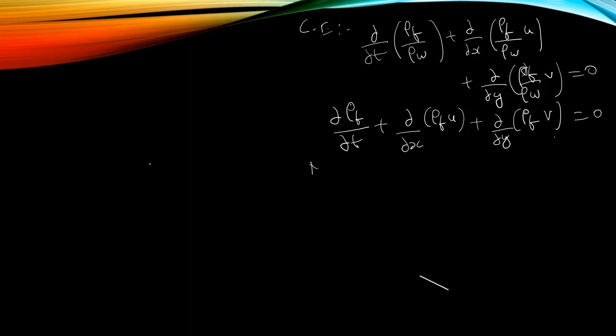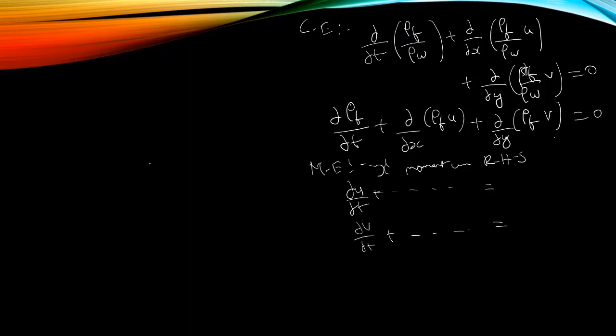Now we are going to write the momentum equation. In the momentum equation let us write the x momentum, right hand side alone. We have the left hand side, that is ∂u/∂t, and then we have the right hand side portion. Similarly we are considering only the right hand side portion.